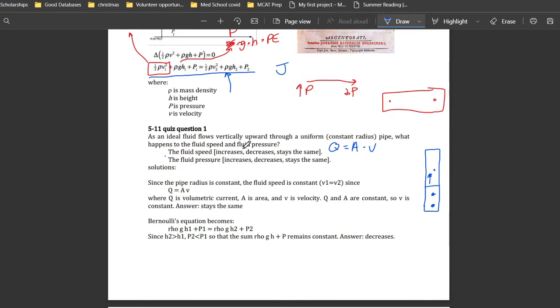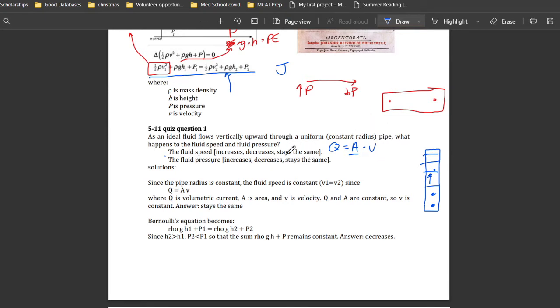So since this pipe in this problem has a constant radius, the cross-sectional area at any given point does not change. It is the same at point 1 or point 2 or point 3. So that means that the velocity of that fluid would not change.